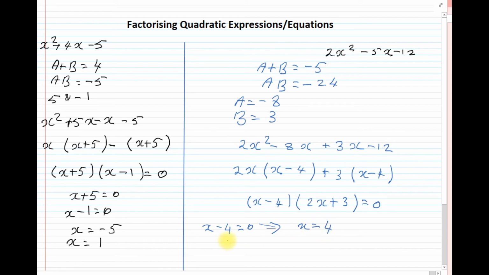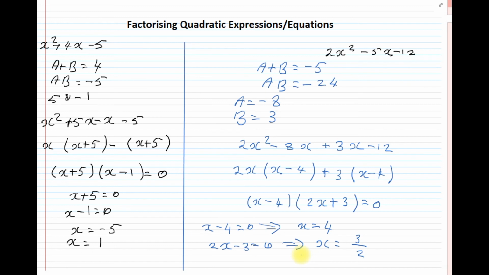And if 2x plus 3 is equal to 0, this will give me x equals minus 3 over 2. And that's how you factorize a quadratic expression with a non-zero coefficient for x squared.